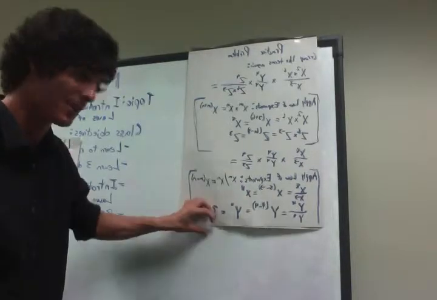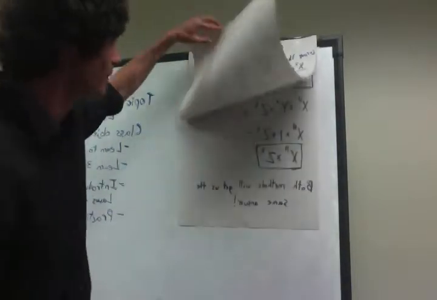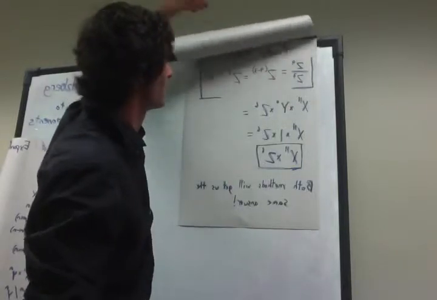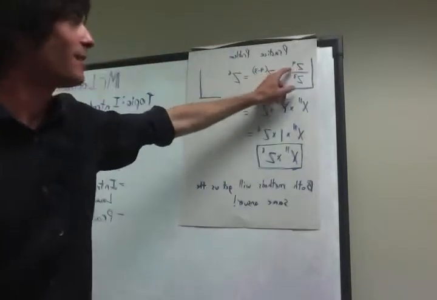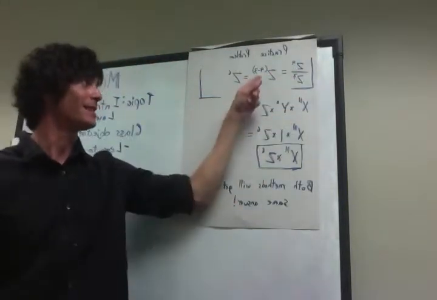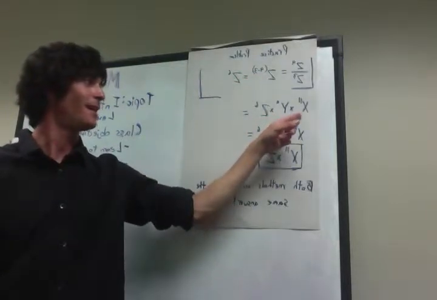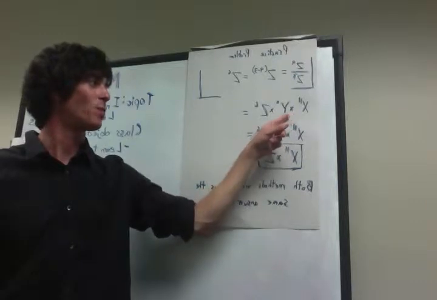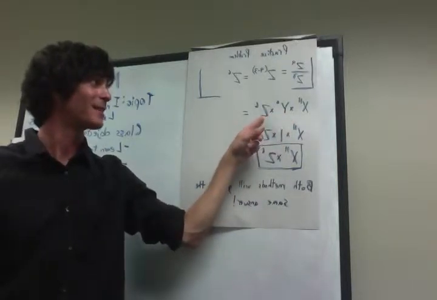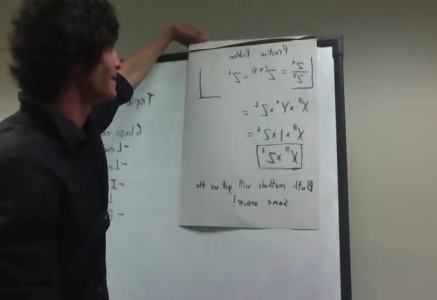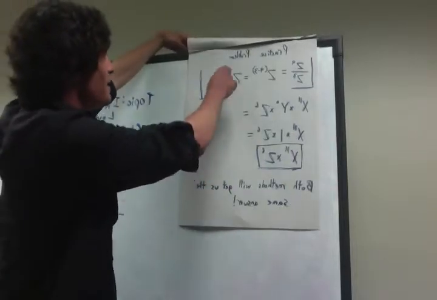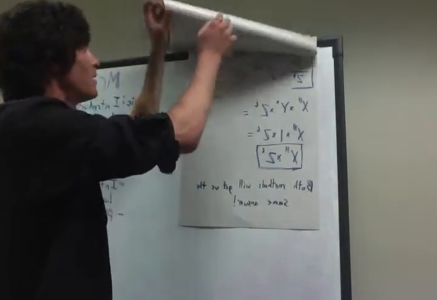Z to the 9th over z cubed equals z to the 9 minus 3, or z to the 6th. And x to the 11th times y to the 0 times z to the 6th. We get this by substituting these three terms for these more complex three terms.